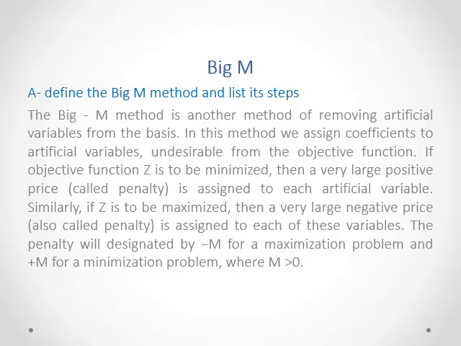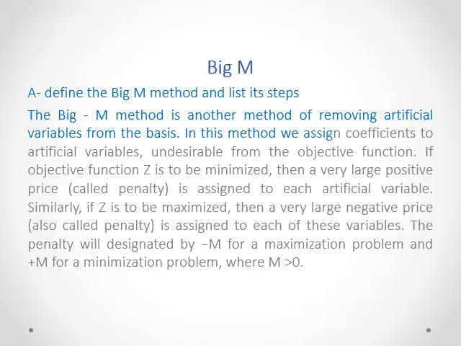The penalty will be designated by negative big M for a maximization problem and positive big M for a minimization problem, where M is more than 0.